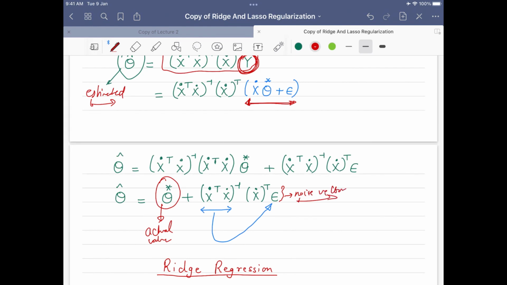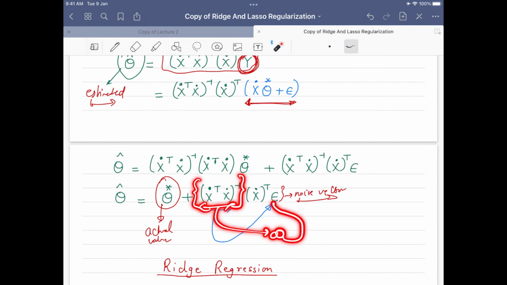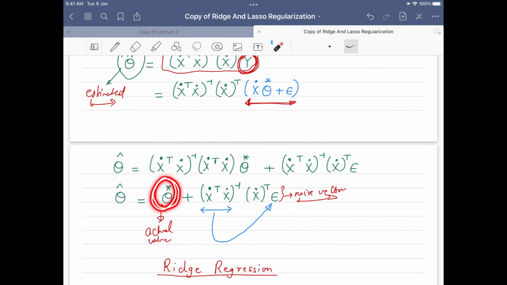So what is happening now is, if you have noisy observation, you know that this particular inversion is unstable. It can give you a value of infinity also. So if this inversion can give you a value of infinity, this infinity, when you multiply it with noise, will corrupt your estimate of the theta value.